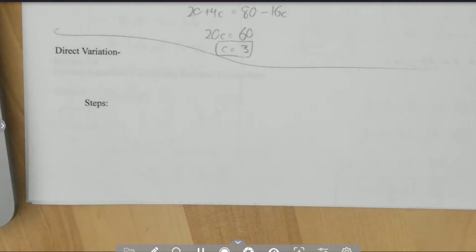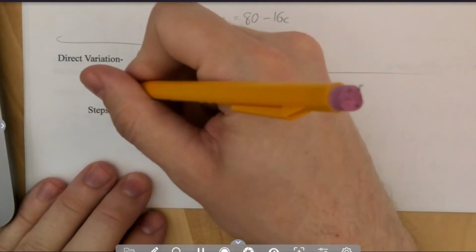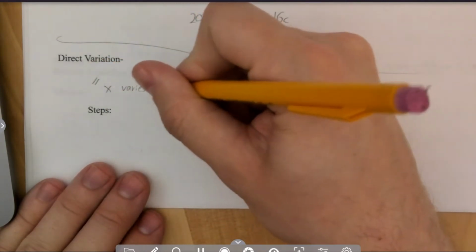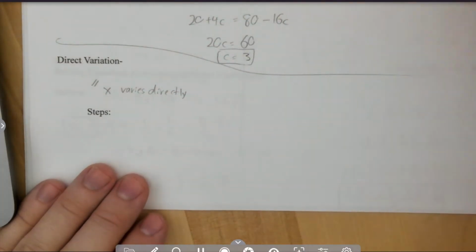All right, on to the last section, variation. Up first we have something called direct variation. You'll read questions that say something like x varies directly as y, or with y.